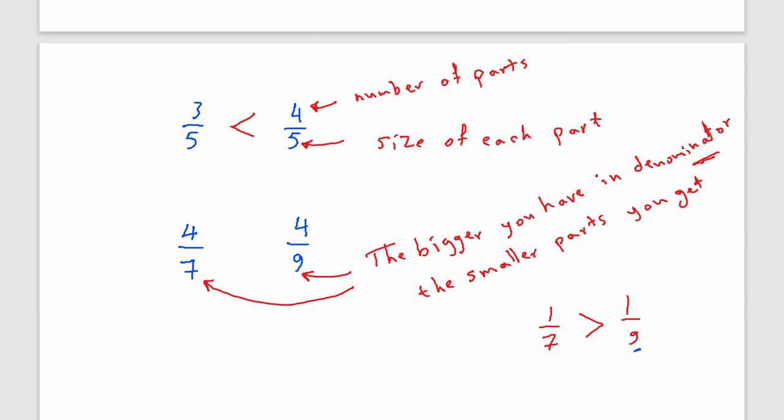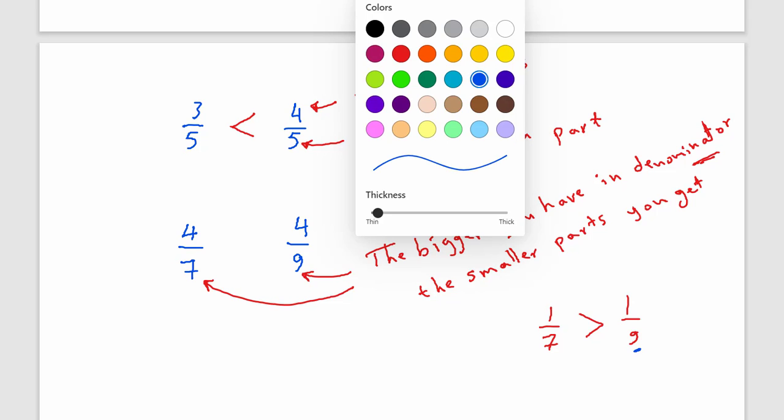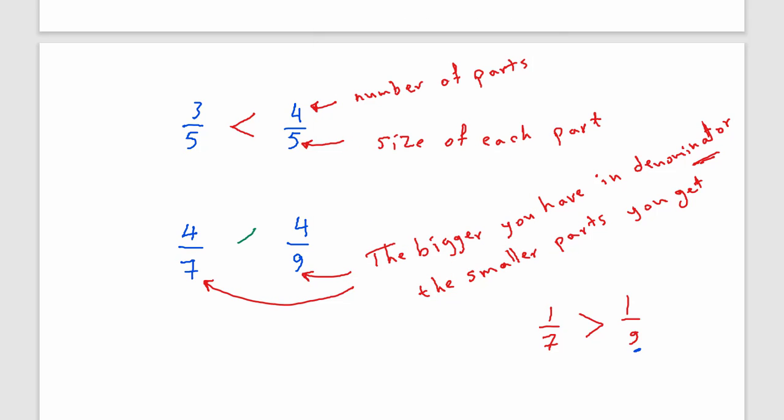That's why the 9 here makes 1/9 smaller than 1/7. And our solution will be that 4/7 is greater than 4/9.